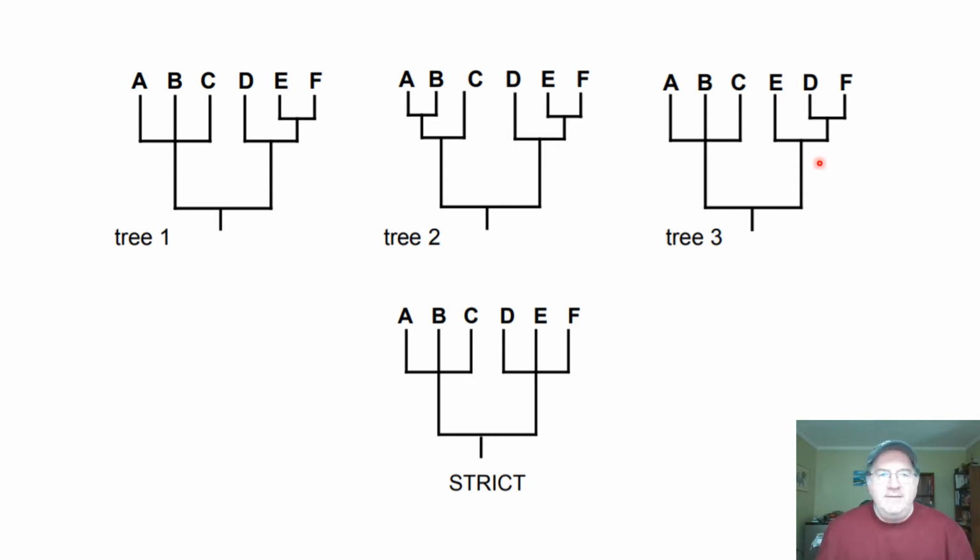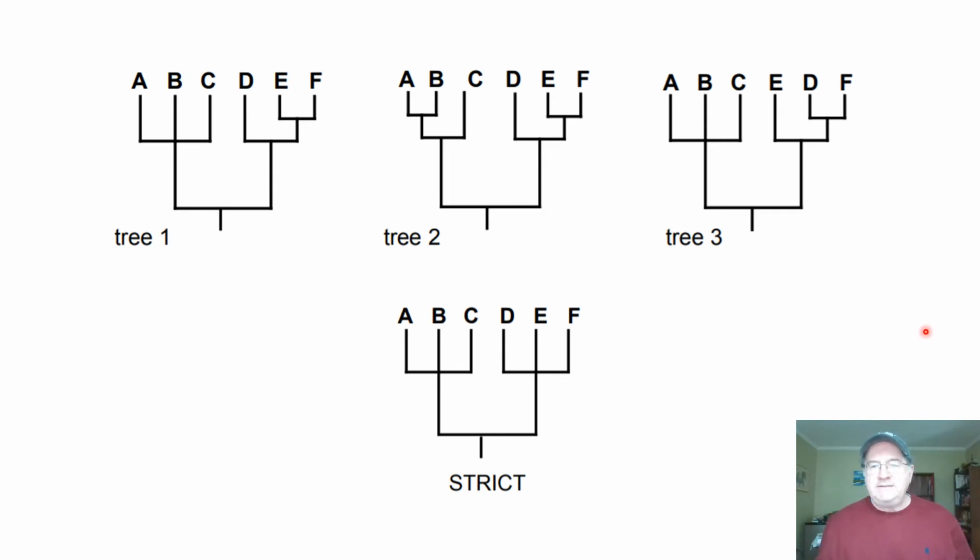So you can see that this tree and this tree contradict one another, in that this one is saying that E and F are most closely related, and this one is saying D and F are most closely related. And let's see, tree 2 is consistent with tree 1. It contradicts tree 3. But they have pieces of information that are in common.